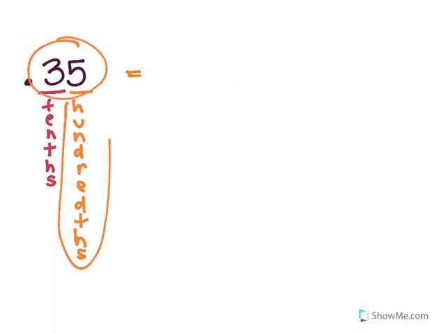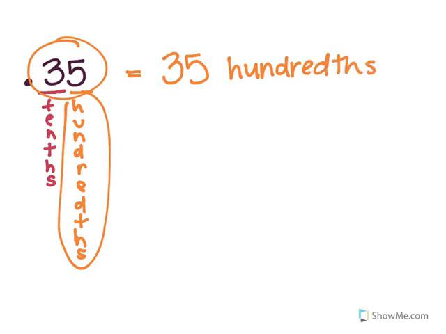So since I got all the way to the hundredths place, that means I have 35 hundredths, meaning I'm going to write 35 hundredths like this. Remember, like I said yesterday, it is so important to make sure you always put the THS on it.